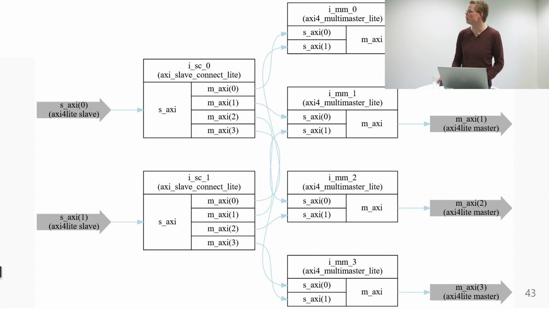So there are a few slave interfaces on the left, which are connected to slave connect blocks, which are basically address decoders, slave decoders. And then there are multiple internal AXI-Lite buses to multi-master blocks and then to the outputs. So this basically allows you to view that all the connections you intended are correct.